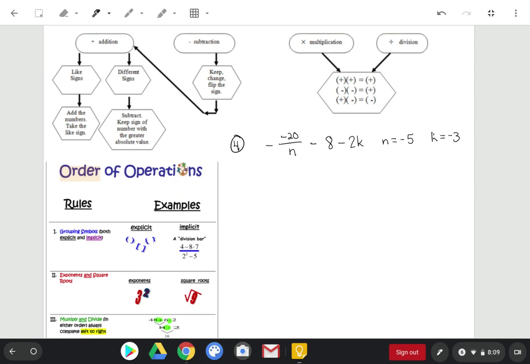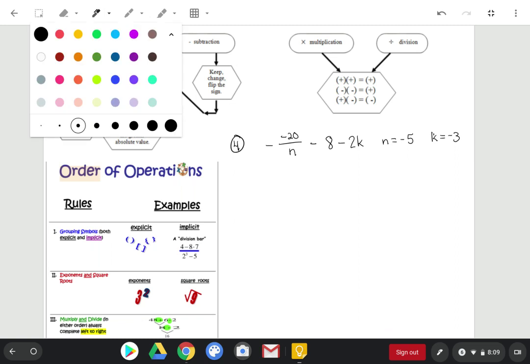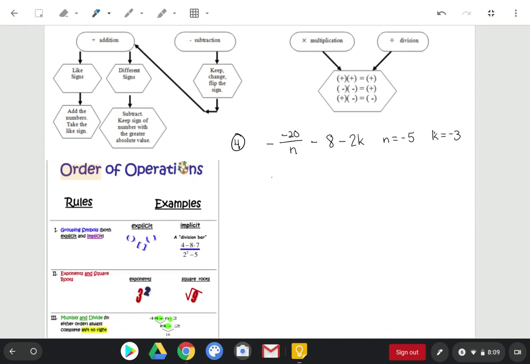So the first thing we're going to do is to rewrite that and substitute in the specific values. I'm actually going to change my pen color here. Okay, so we're going to say the opposite of negative 20 over n is equal to negative 5 minus 8 minus, remember that 2 beside the k means 2 multiplied by k.